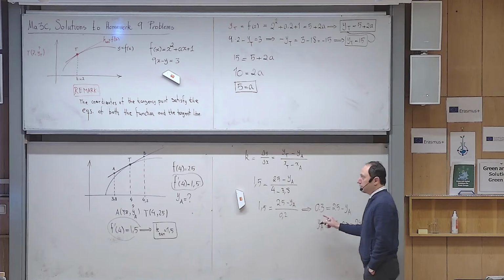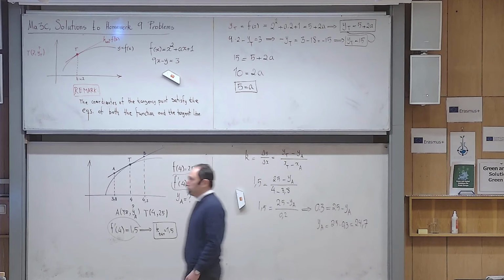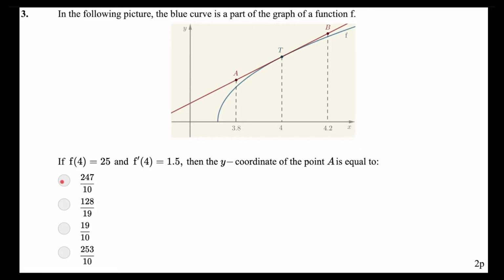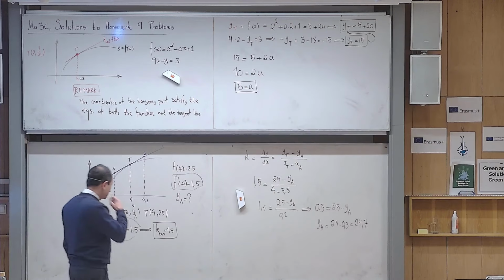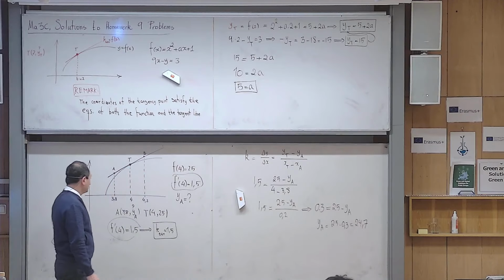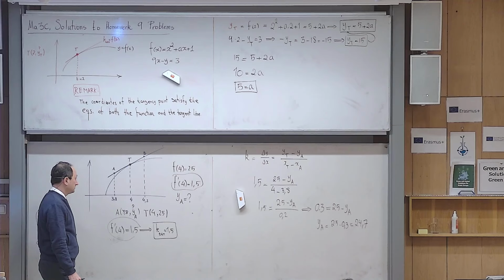So the missing number is 24.7, which of course is not given exactly in that form, but everyone understands that this is exactly that number, because if I divide 247 by 10, it becomes exactly 24.7. Yes? When you find y like this, for example, you say from 3.8 to 4 it increases, I don't know exactly what, let's say 0.2.